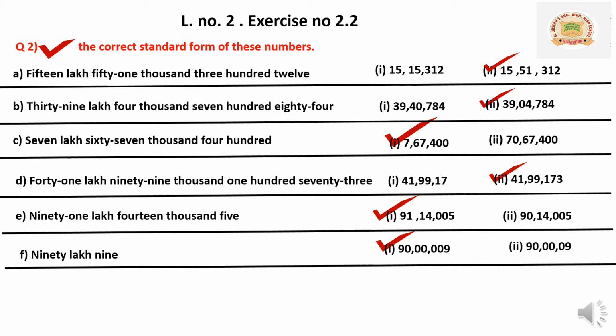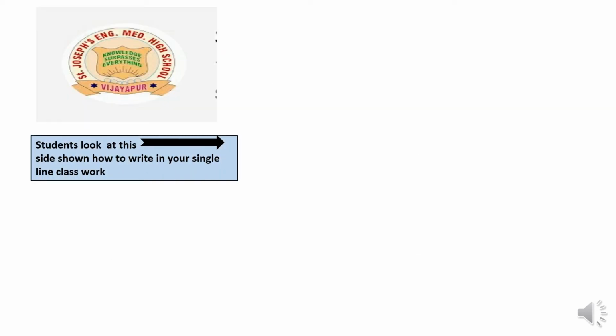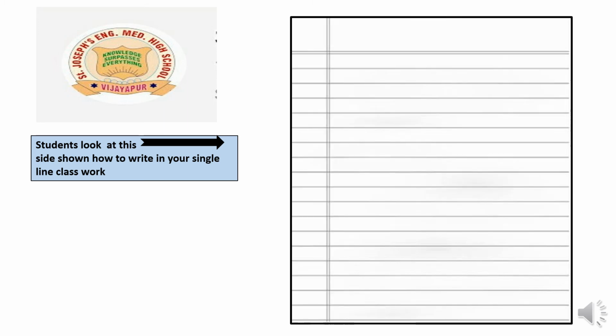Let us see how to write in your classwork. Students, look at this side. How to write in your classwork? Take the page. Lesson number 2, 6 and 7 digit numbers. Exercise number 2.2.